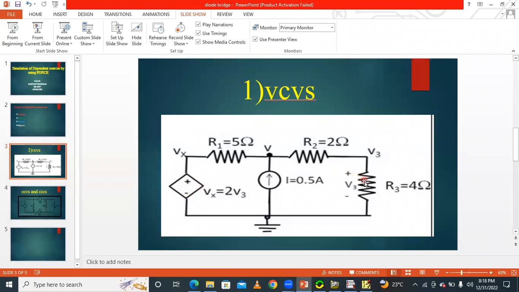This voltage source depends on this resistor R3. Here we have three resistors.